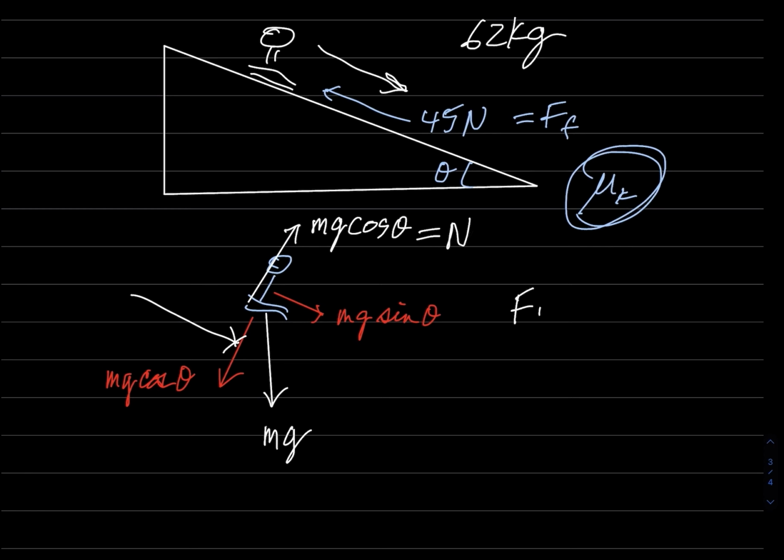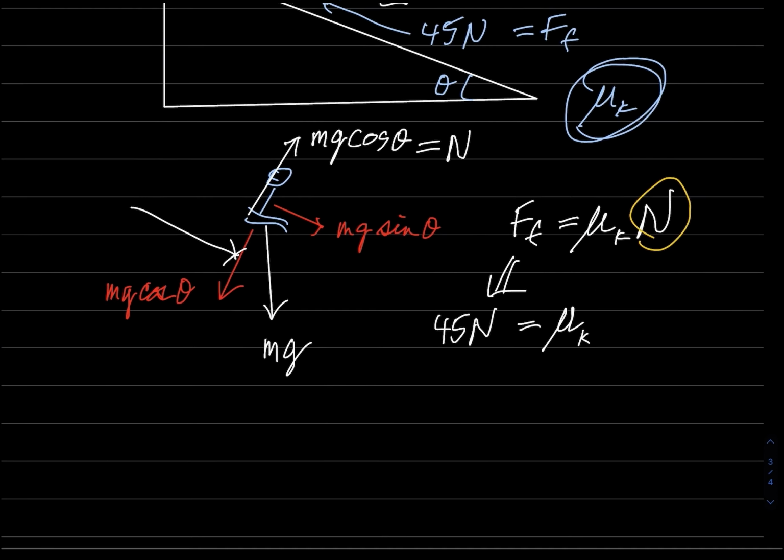So the friction force, as we know, equals the coefficient of kinetic friction times the normal force. Are we done with the problem yet? The friction force they gave us, 45 newtons. The coefficient of kinetic friction we're supposed to find, and the normal force we just saw was mg cosine theta.